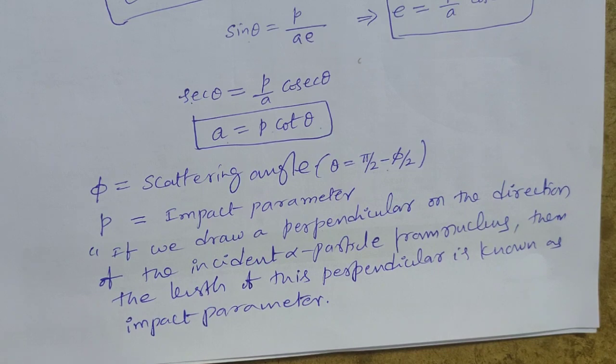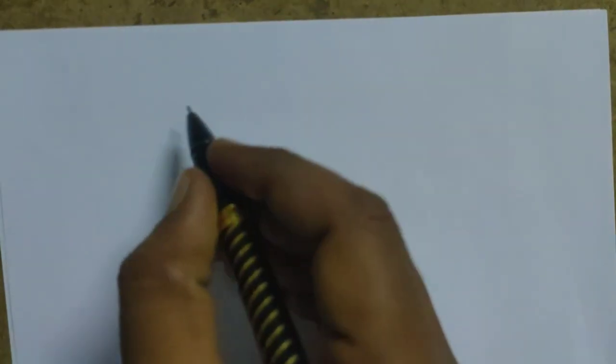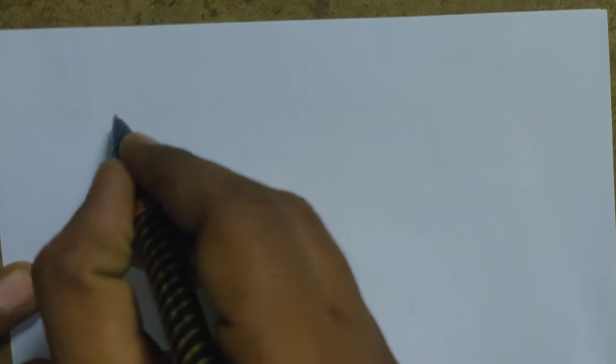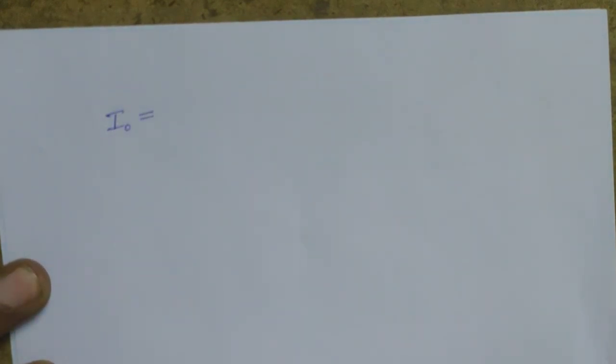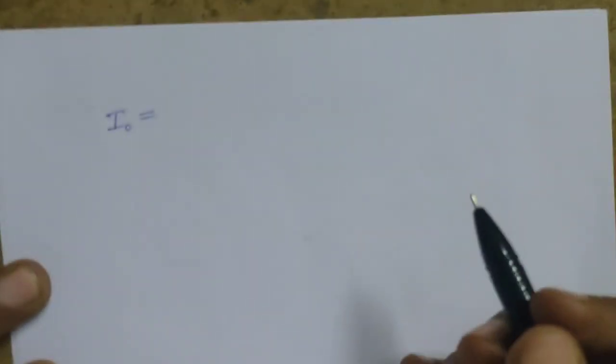Okay, fine. So go to the next point. The next one will be the flux density of incident alpha particles. I am writing it as I naught. It indicates the number of alpha particles which are incident.